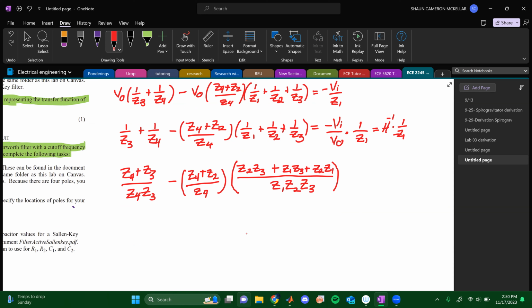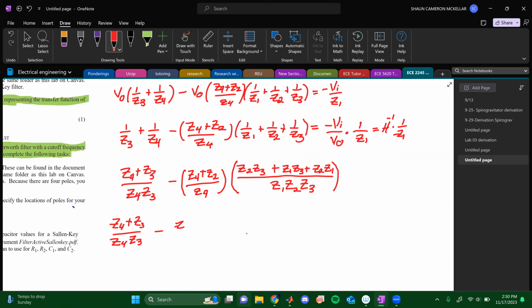So we're gonna pass everything through. So I'll just write the first term, Z4 plus Z3 over Z4 Z3, minus, and then I'm going to have to distribute Z4 onto those three components.